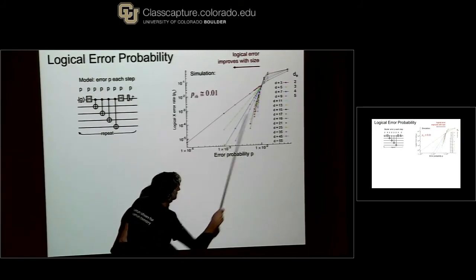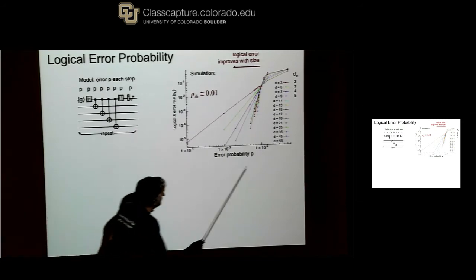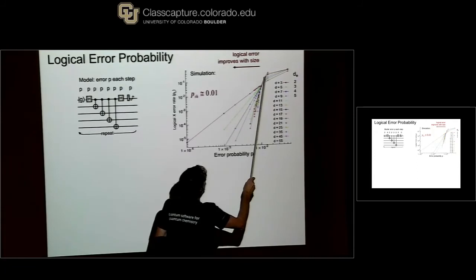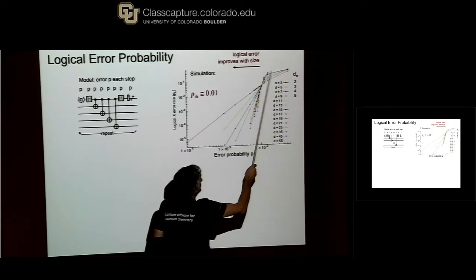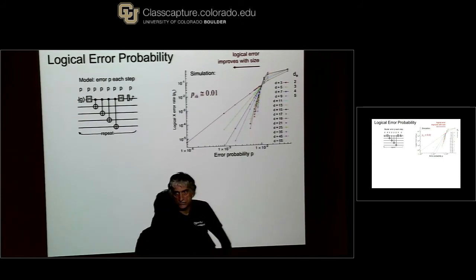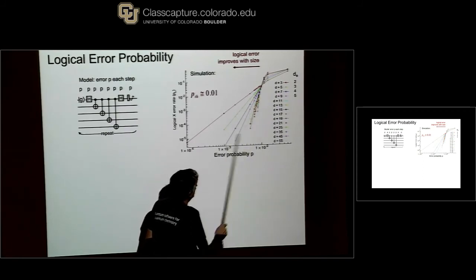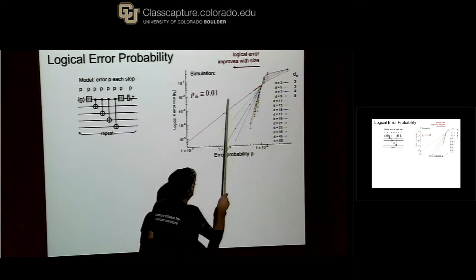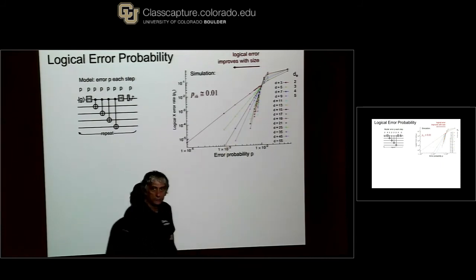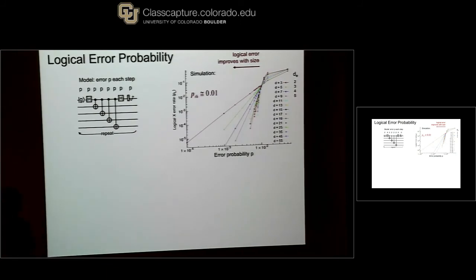Okay? And this, in fact, defines the threshold of around 1%. If your error rates are above 1%, making the code larger and larger in fact makes it worse and worse. It just overwhelms your ability to decode. Whereas if you're below the threshold, then making the surface code bigger and bigger makes it more accurate, more likely that you're going to catch the errors and correct them properly.